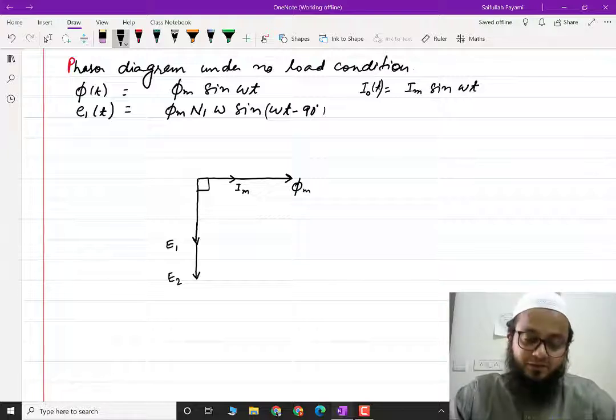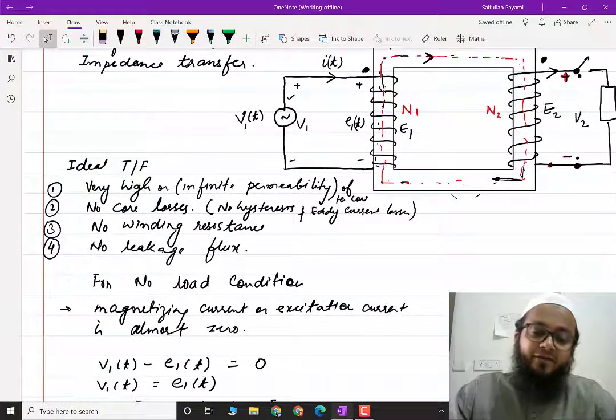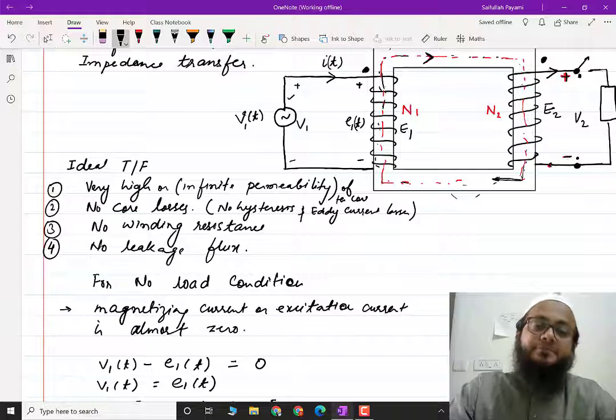So this is one of the conventions. Another convention is, let's say in this circuit, I have already marked the polarity.